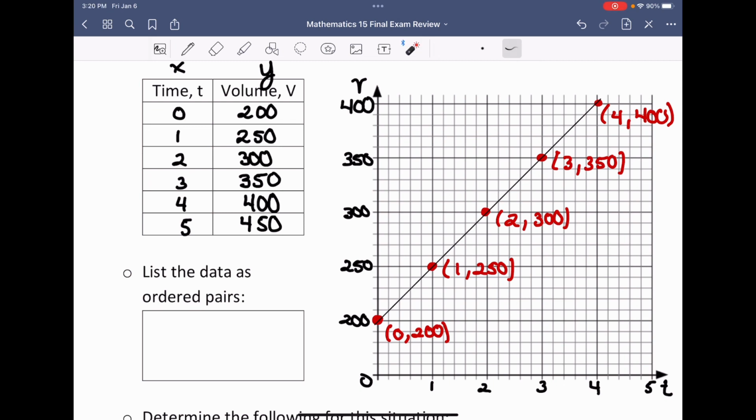So at like 0.5 minutes or half a minute, you would have a certain amount. At a quarter of a minute, you would have a certain amount of volume. After 0.75 or 3/4 of a minute, you would have something. Maybe after 3.5 minutes, you have another thing. The water flowing in is a continuous rate. And as soon as you know time's involved, you can basically say this is continuous for sure.